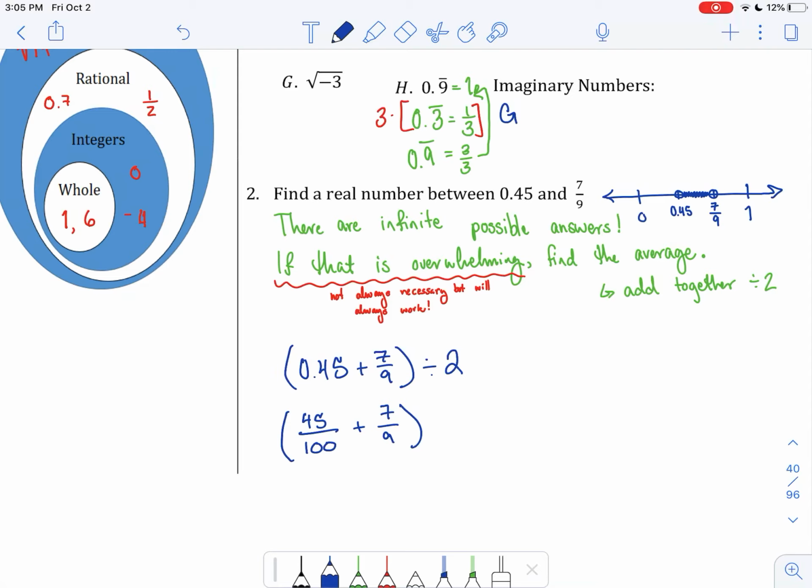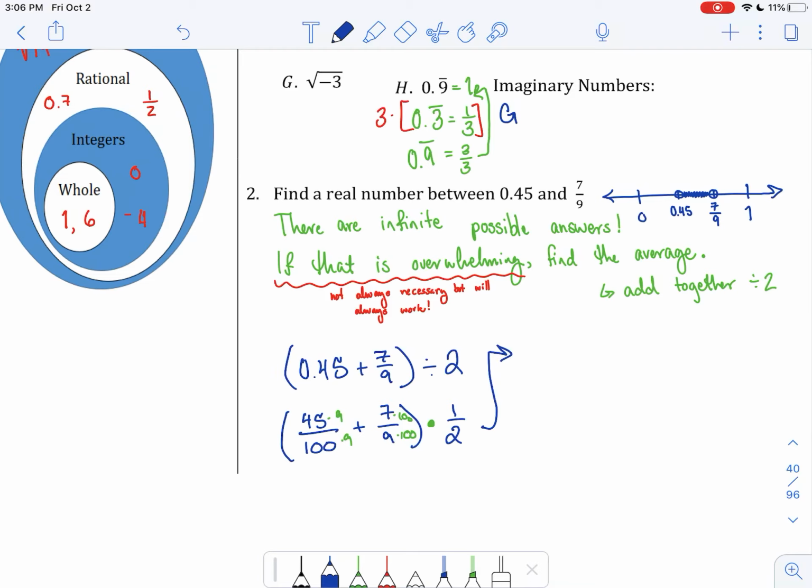And I will find a common multiple for my common denominator, which in this case, you could just multiply them together if you like. So times 9 times 100. And I'm going to turn my division into a multiplication by the reciprocal. So this was 2 over 1. So this is times 1/2.